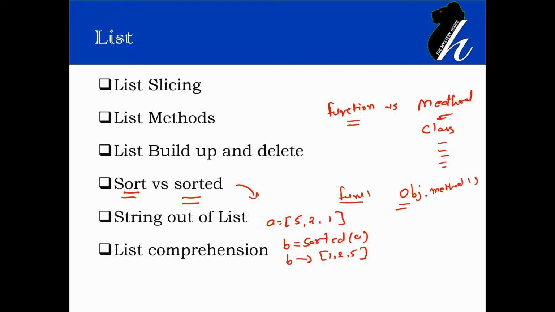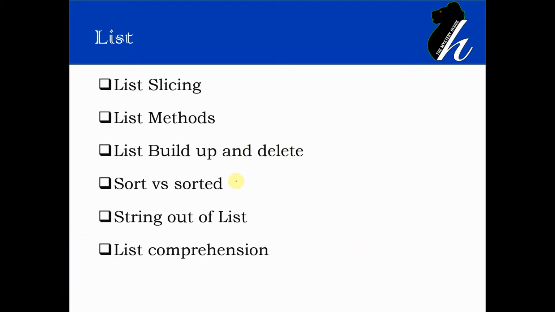Other than that, the sorted function uses various parameters. The first parameter is the list itself. So the syntax of sorted: the first parameter is the list itself, and the second is a flag value. This is optional.